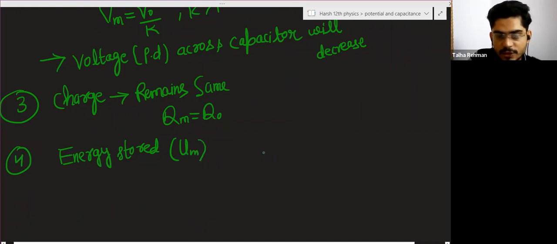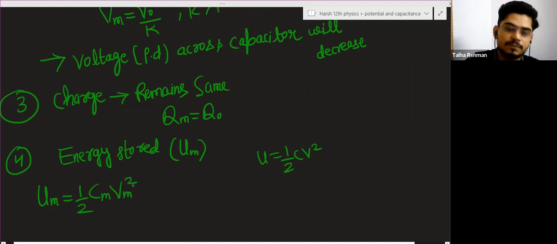We know that U is equal to half C V square. We will use this formula. So Um will be half capacitance in medium into potential in medium square.